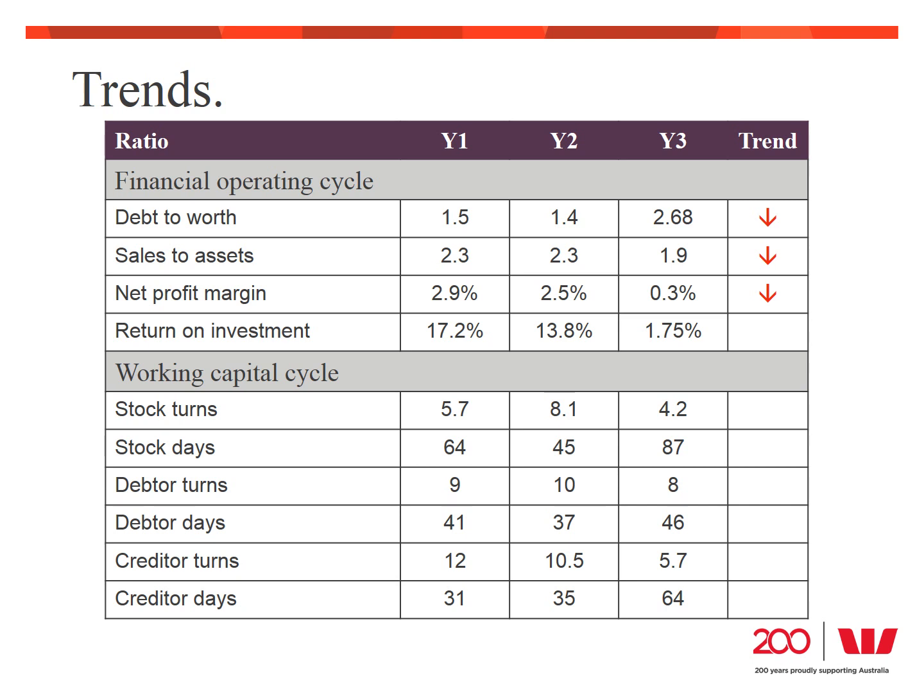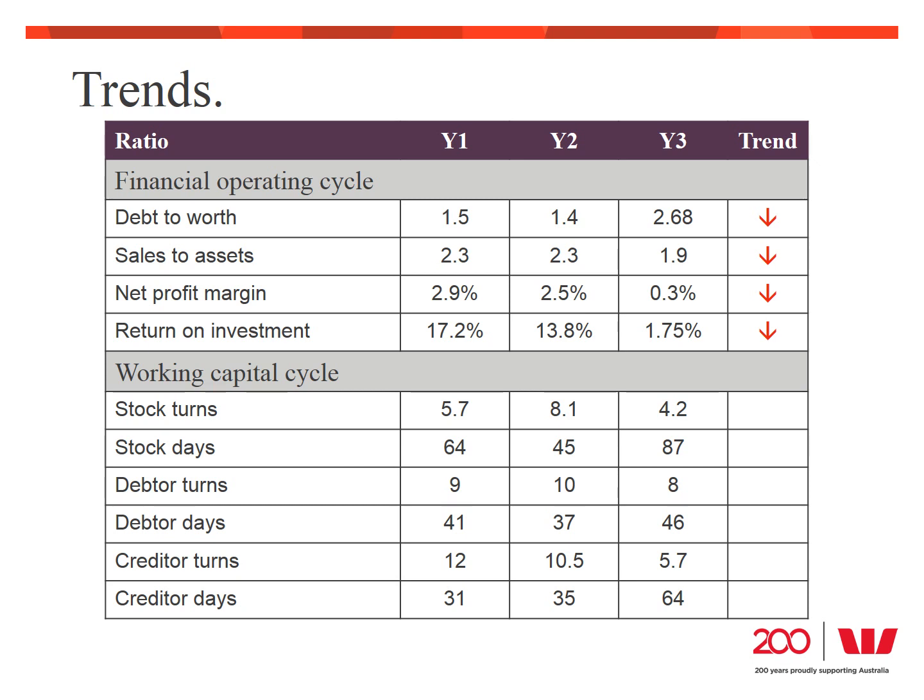Now, there's more bad news when we look at her return on investment as well. So while in year 1 she was making 17.2% on her investment in the business, by year 3 this has dropped to 1.75%. Now she really does need to question whether this is the best place for her money to be invested.